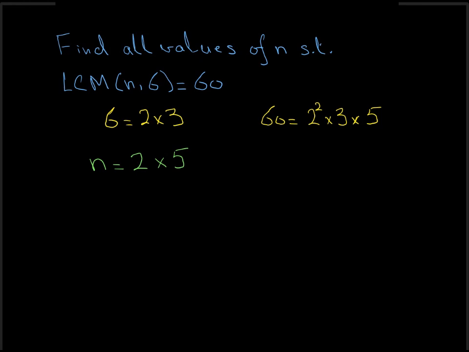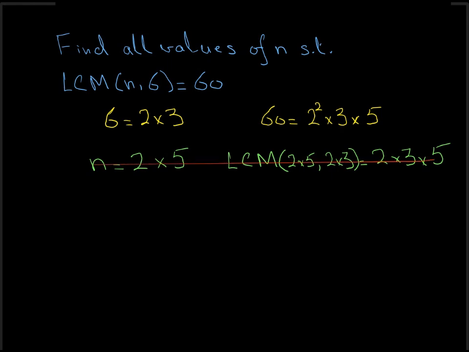So if I'm trying to calculate the LCM of n and 6, and n in this case is 2 into 5, and this is 6, the LCM will turn out to be not equal to 60 actually. If I take the LCM of 2 into 5 and 2 into 3, the LCM will just be 2 into 3 into 5, and that's what I don't want. It just turns out to be 30.